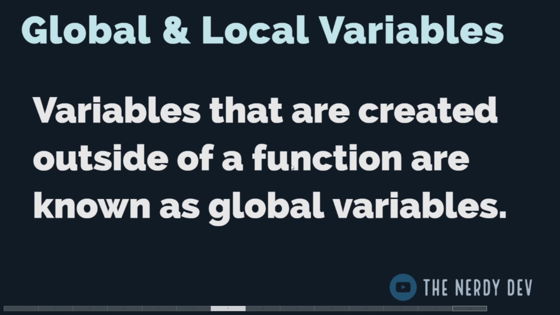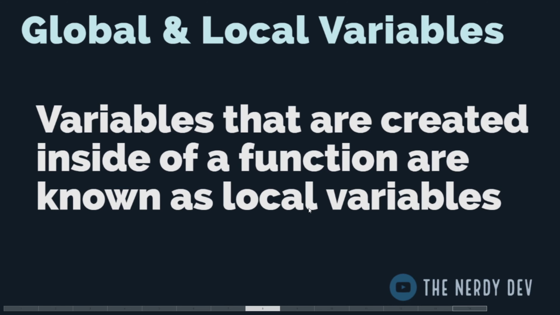Then we have local variables. Local variables are those variables that are created inside of a function, and that is why they are known as local variables. They are defined only within the scope of the function, and they are only visible within the function, and outside the function you cannot reference them.